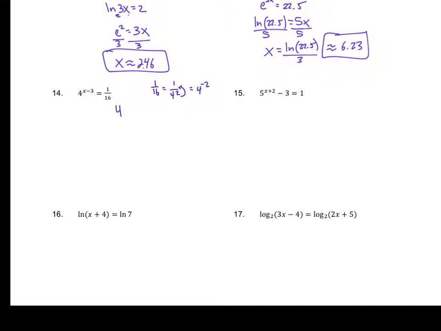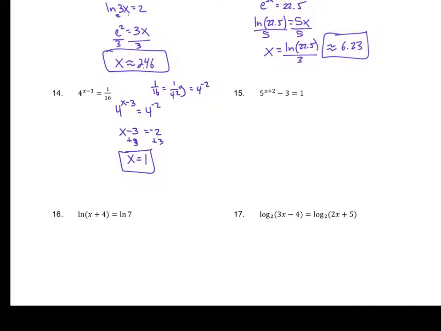So now 4 to the x minus 3 equals 4 to the negative 2. Once we get that, then we can set the exponents equal, then solve for x, and we get x equals 1.